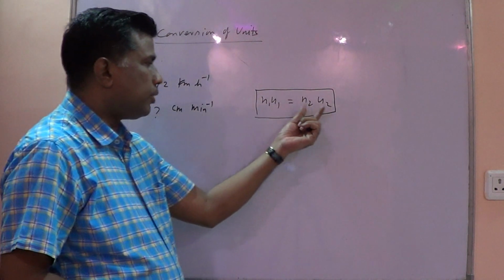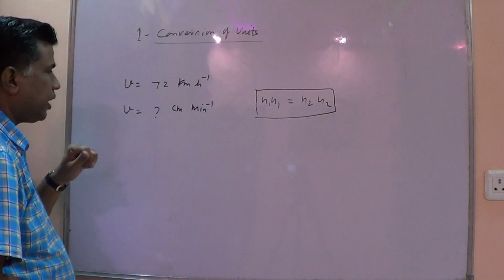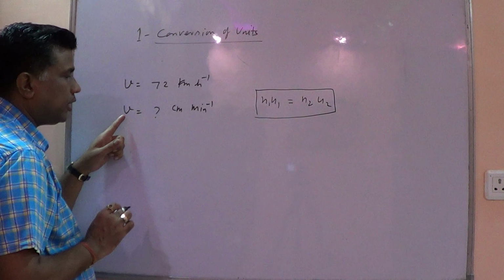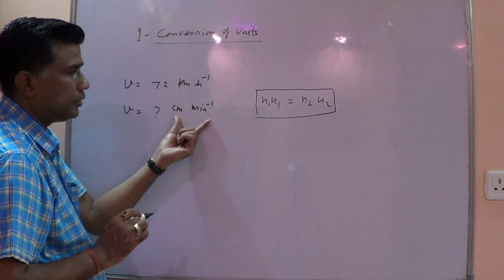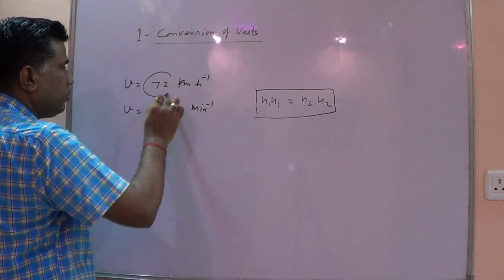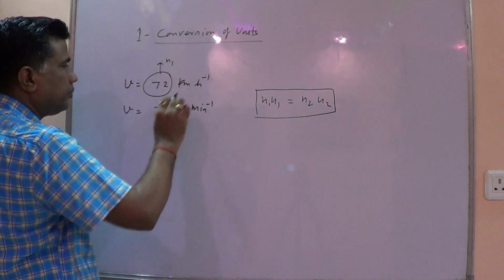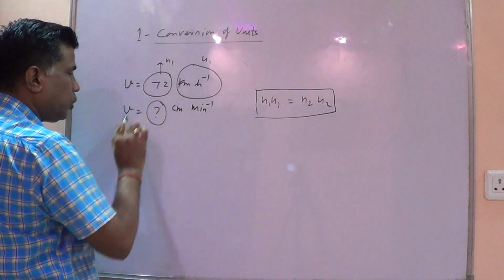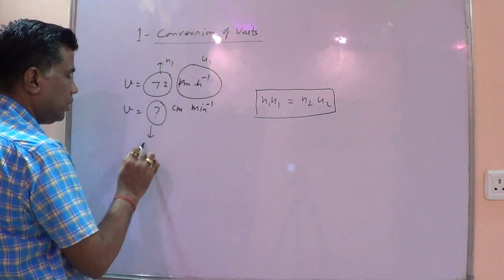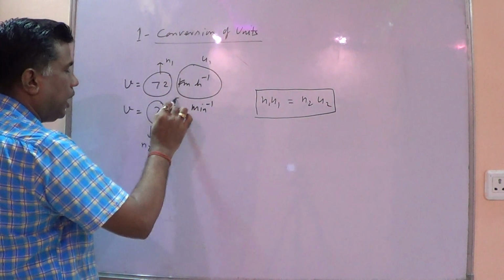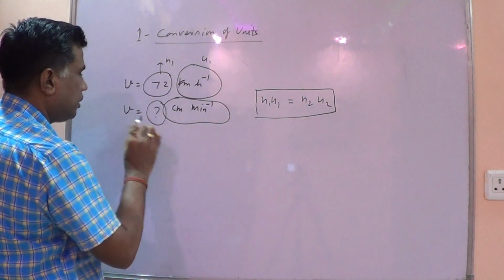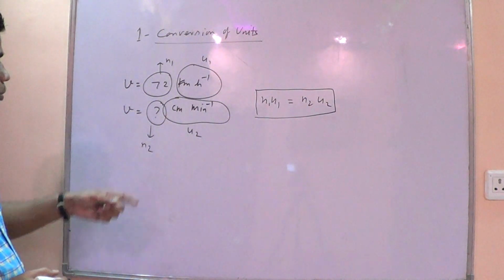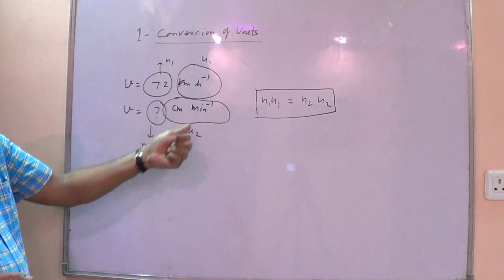Then with the help of this formula we can find what will be the numerical value of this physical quantity velocity in this unit. We will assume this as n1, this unit as u1, and we have to find this numerical value. Let it be n2, and the second unit in this system, suppose it is u2. So we assume this is n1 u1, this is n2 u2.